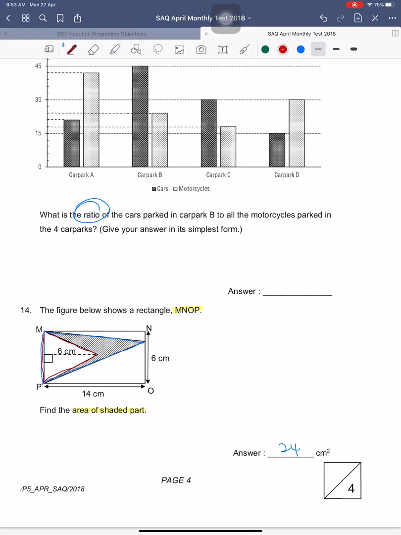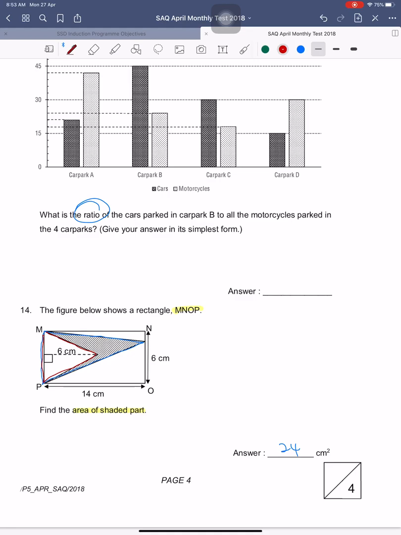That's the second step. Third step, what should we do? After you know the area of the blue triangle and the area of the red triangle, you will find the difference. Take the area of the big triangle minus the area of the small triangle. That will be the answer, the area of the shaded part.